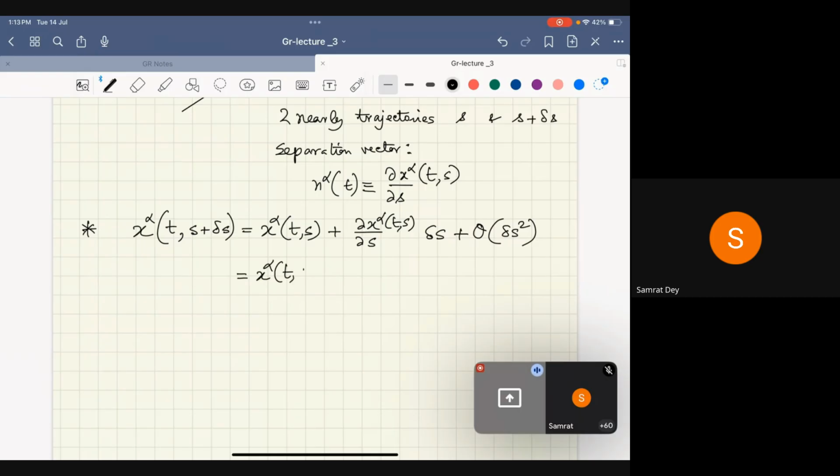I will call the first term n^alpha(t) delta s, plus order delta s squared.